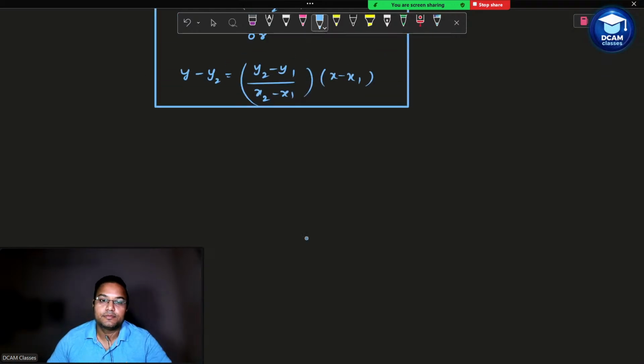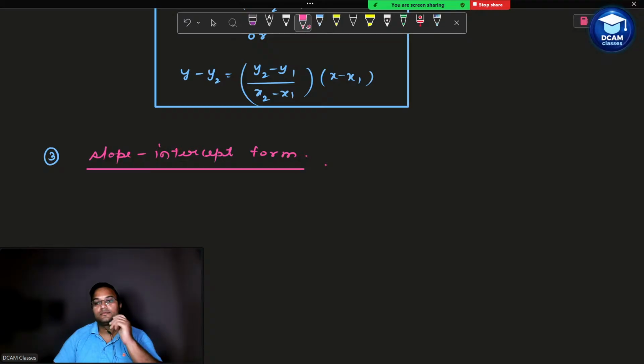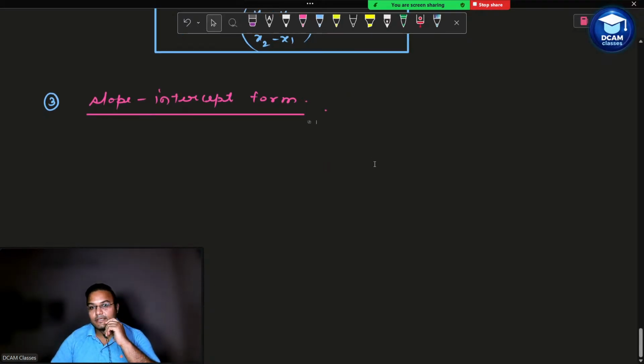Third equation is the slope intercept form. Acha, Venkatesh, do you know what is intercept? Let's say already knows this. What are intercepts, you know? No, sir. Acha.